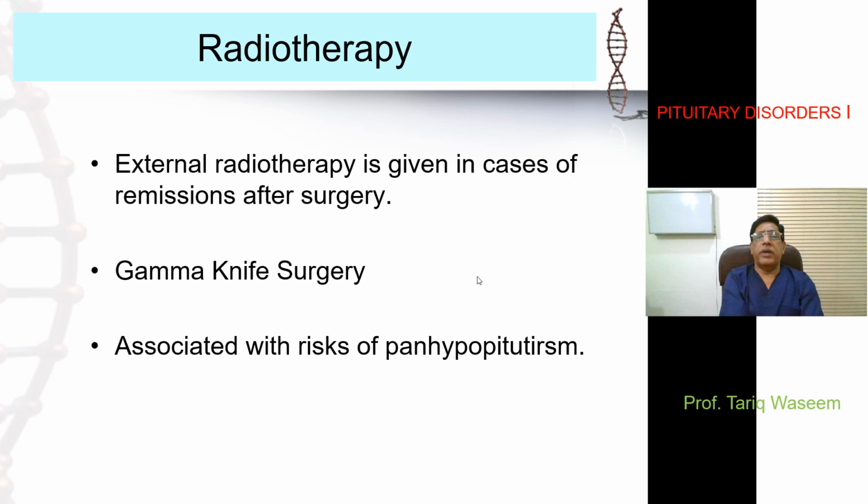Radiotherapy, as I said, is used either alone or in combination after surgery. So you go for initial reduction in size of the tumor by the surgical approach, and if any remnant tissue is left, it is then treated with radiotherapy, and sometimes you can use radiotherapy as a separate entity without needing to operate on these patients.